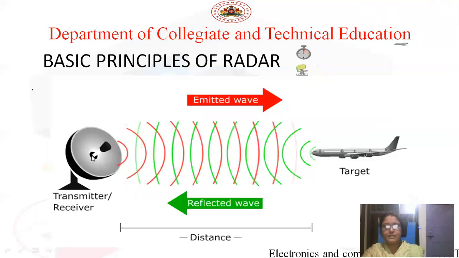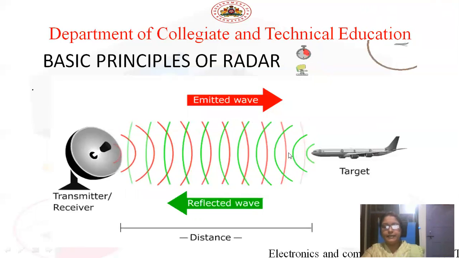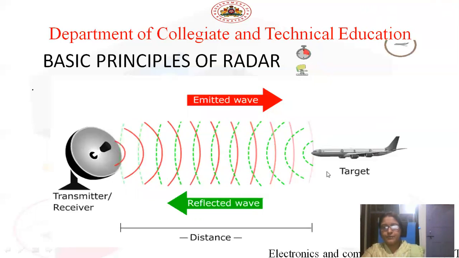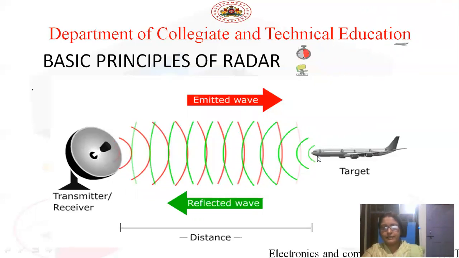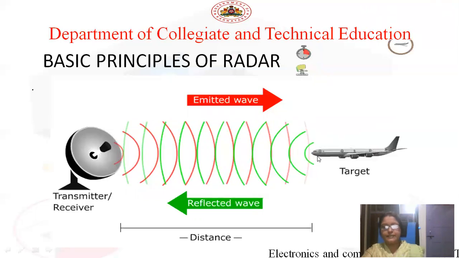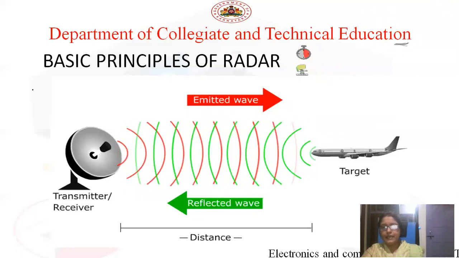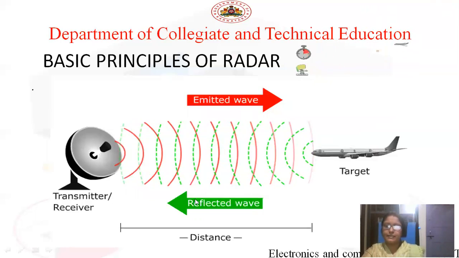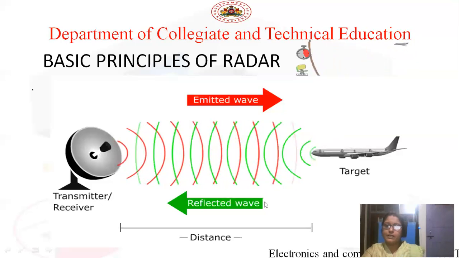Very high frequency RF signals are radiated in space and they travel. Once any target comes in between, the waves will strike the target and reflect back towards the radar station. Those reflected signals are called echo signals.